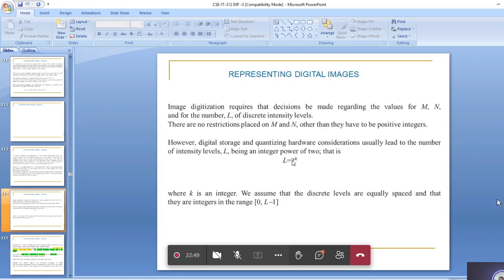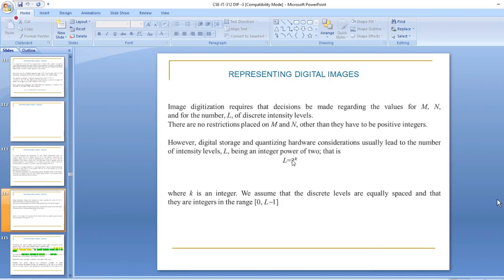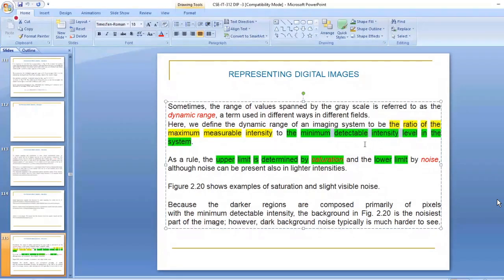So there is one term, that is the dynamic range. It is the ratio of maximum measurable intensity to the minimum detectable intensity. The maximum measurable intensity reflects the maximum value, and the minimum detectable intensity is the minimum which we are able to detect. As a rule, the upper limit is determined by saturation.